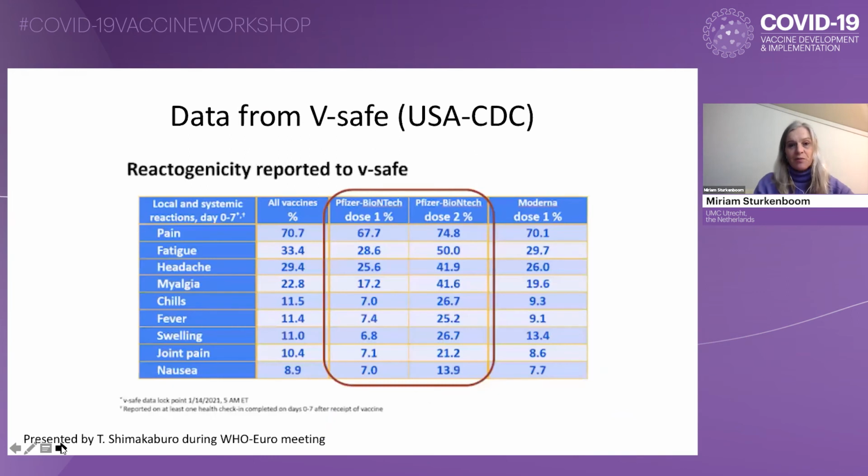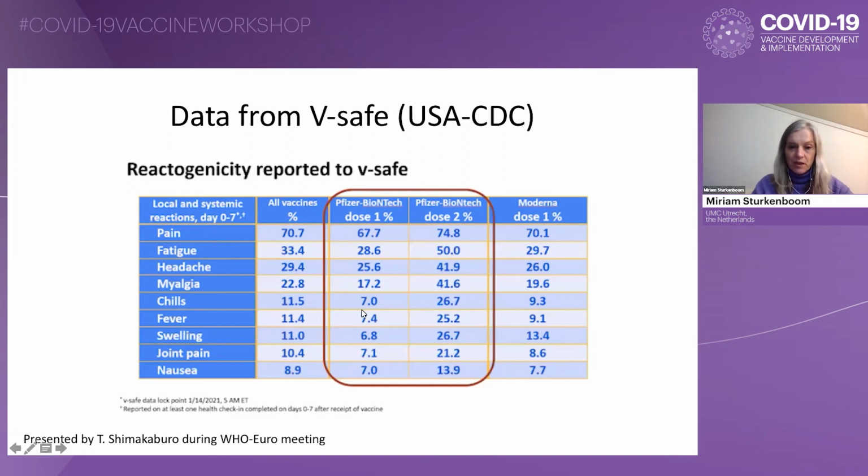What can you expect from such a system? And this is data that was presented by Tom Shimabukuro from the USA CDC. Basically, you can count for each of the vaccines. Here is Pfizer BioNTech dose 1, dose 2, Moderna dose 1, the frequency of local and systemic reactions in the first week.